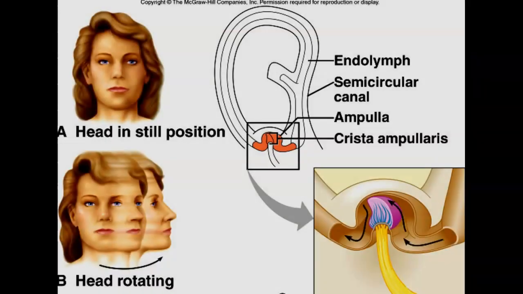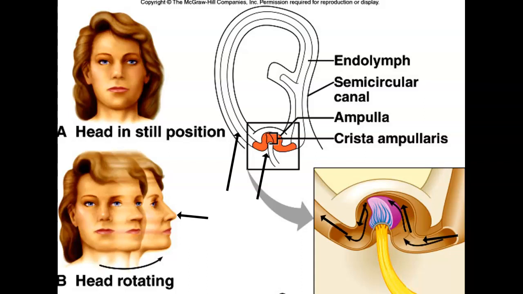So if we just take a look at how this one works, we have one of the semicircular canals here. Of course, it has fluid inside of it. Here's the crista ampullaris, the sensory organ. And then if a person bends their head, you can see the fluid in the semicircular canal is going to flow in a particular direction depending upon the movement.